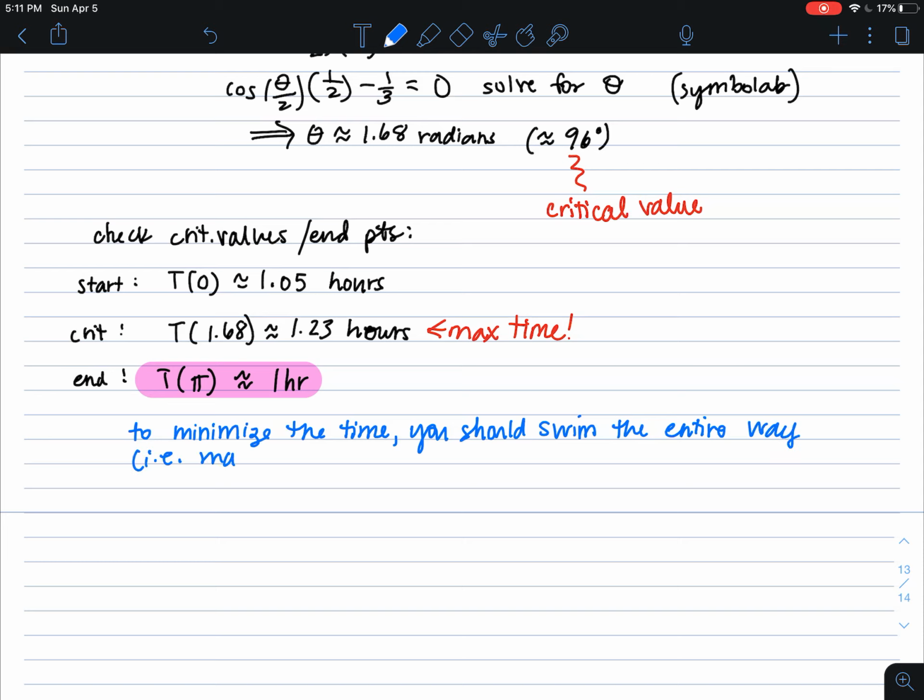That is, you should make P your endpoint. And this will yield a time of 1 hour.